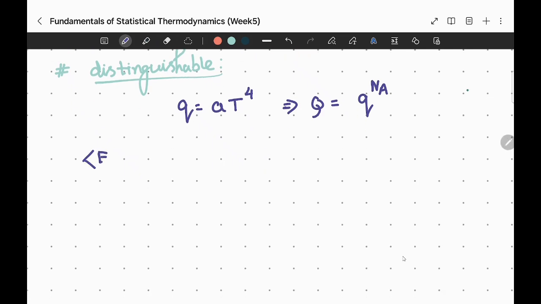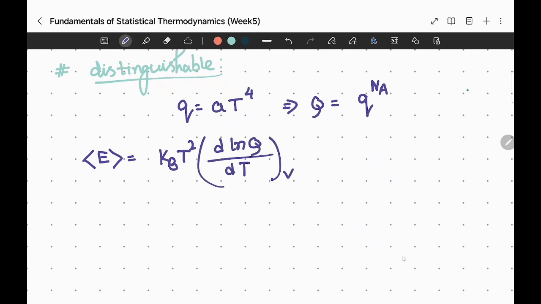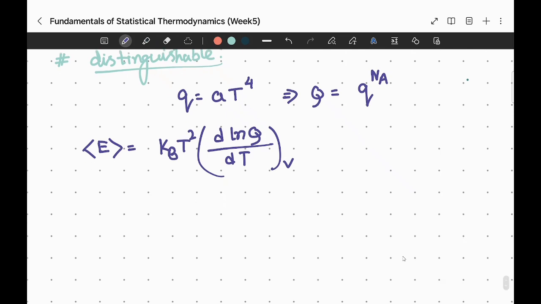You know, capital E average is k_B T squared times d ln Q by dT at constant volume, if I'm not wrong. You can calculate in both ways.